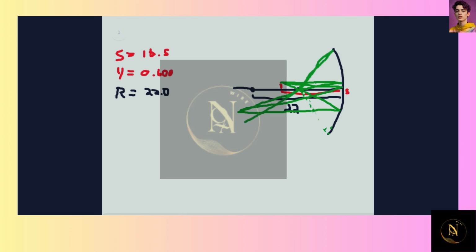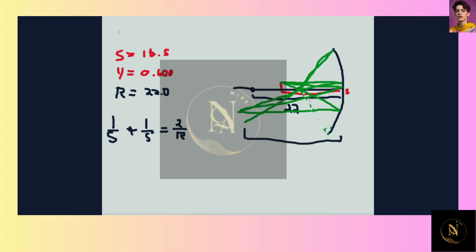So now the second part of the question asks to determine the position. So we know that 1 over S, so S is the distance from the mirror to our object, plus 1 over S prime is equal to 2 over R. All right, so what we're trying now to find is S prime.